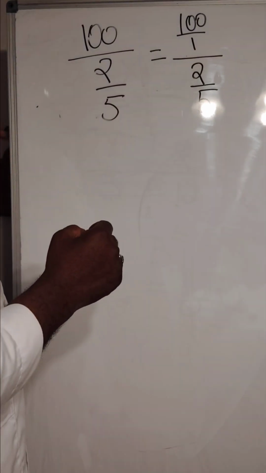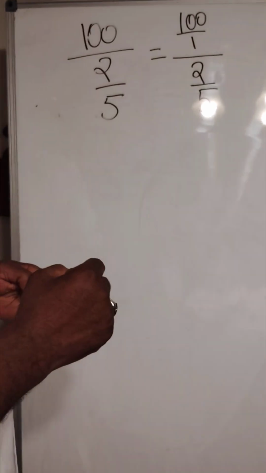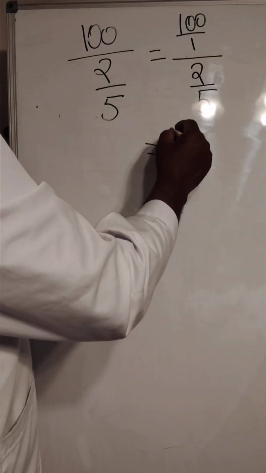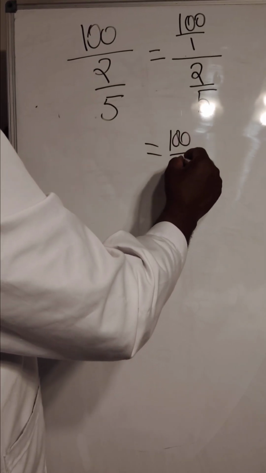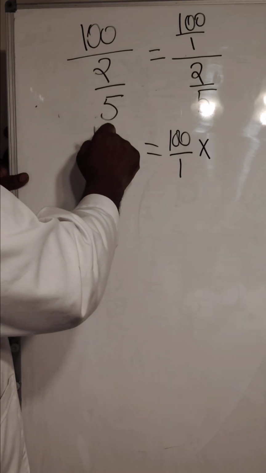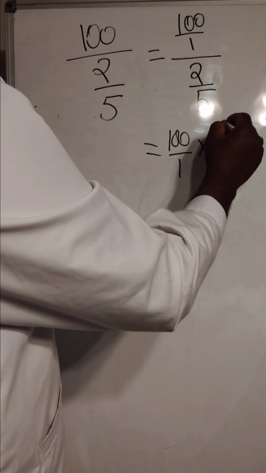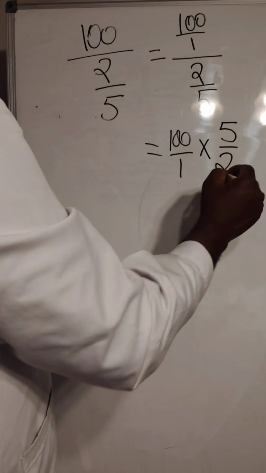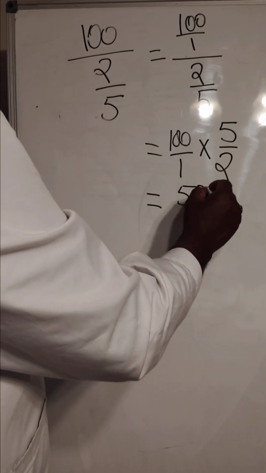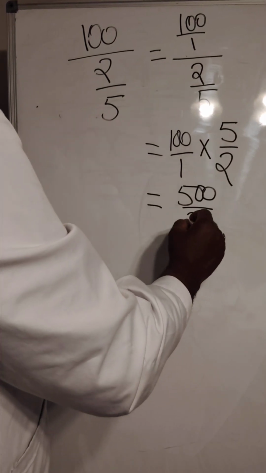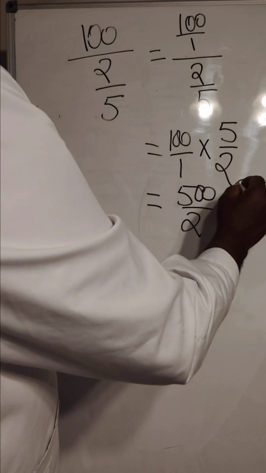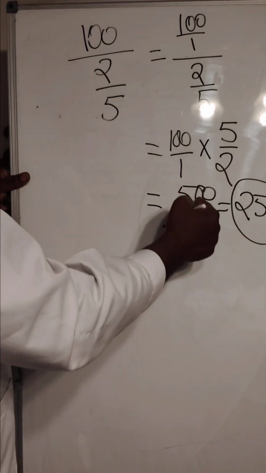So the way you do that now, you have a fraction divided by a fraction. So you're going to get the first fraction, which is 100 over 1, multiplied by the second fraction, but you have to flip it. So you're going to have a 5 over 2, correct? So now you're going to have 500 over 2, and then you're going to have 250. Yes, this is an improper fraction.